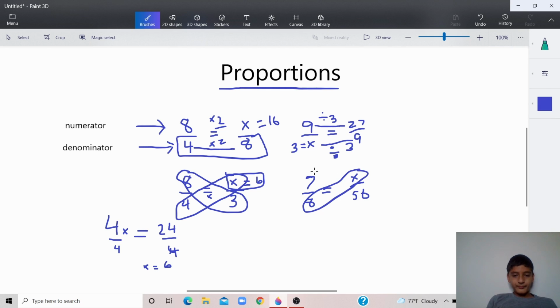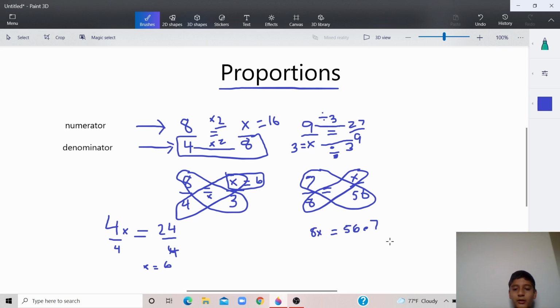So here and there. We see that 8x equals 56 times 7.